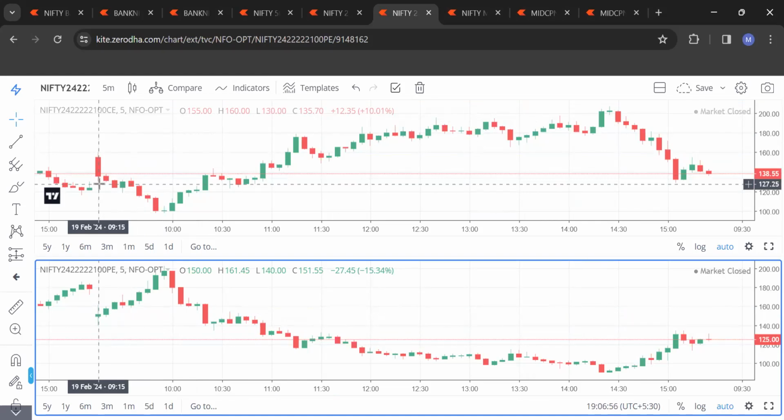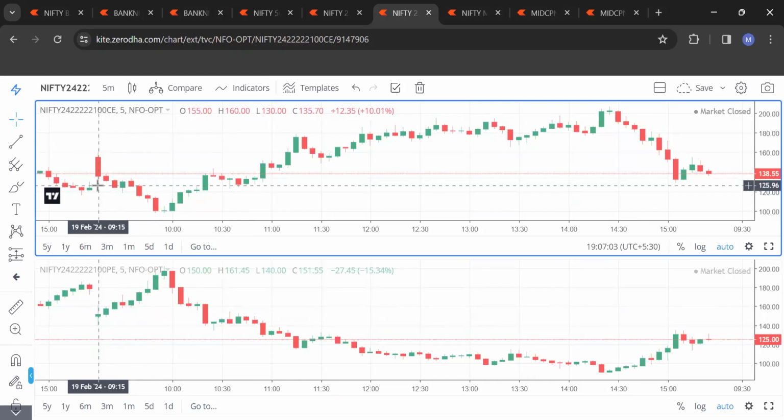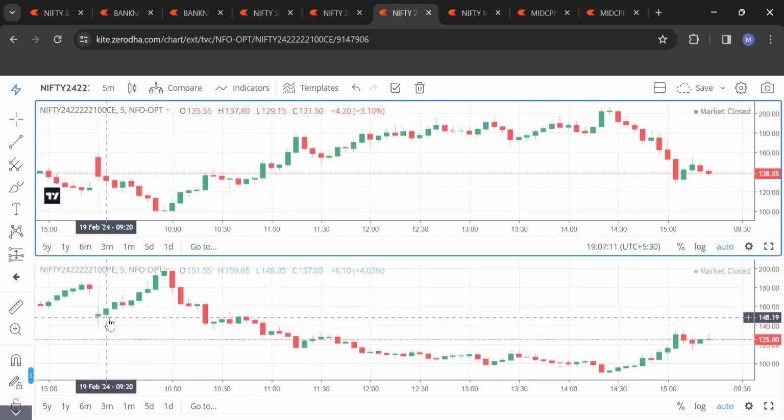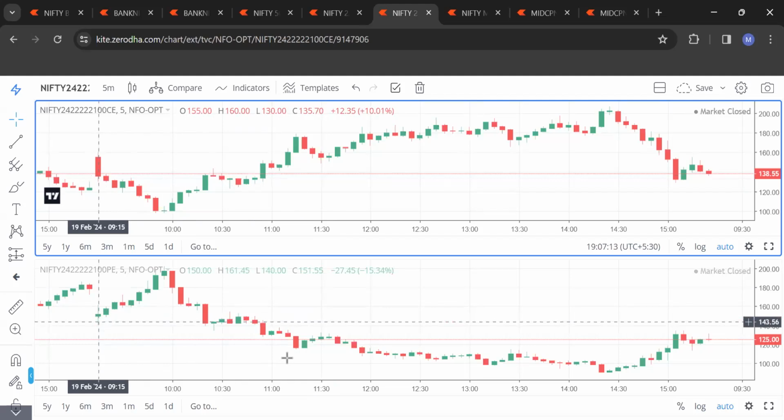Now first let's check the prices of this call. The call side open is 155. Now what you will do, you will just see the low and high of put 140. You could see over here 140 and 160, 145.